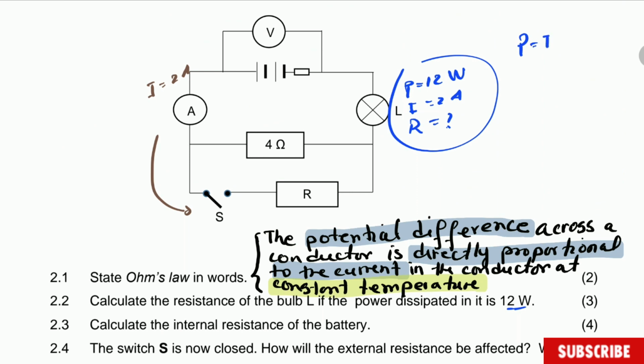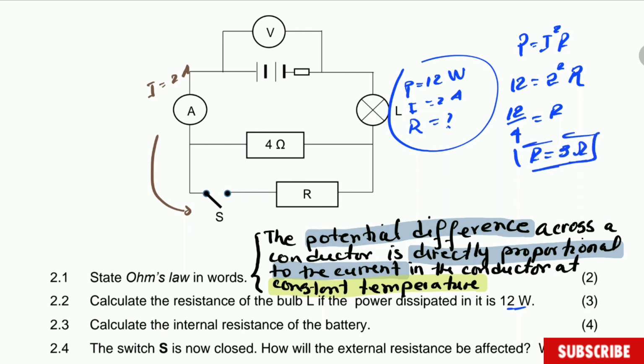Power is equal to current squared multiplied by resistance. Power is 12, equal to current, which is 2 squared, times resistance, which is what we are looking for. If you rearrange this formula, 12 divided by 4 is equal to R, and therefore R is equal to 3 ohms.